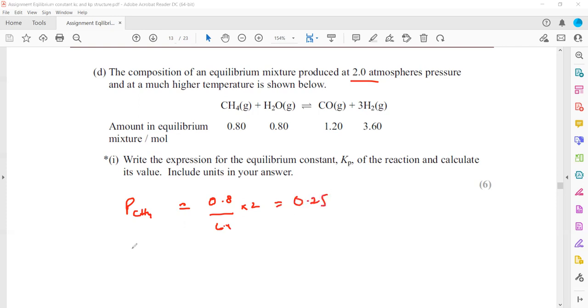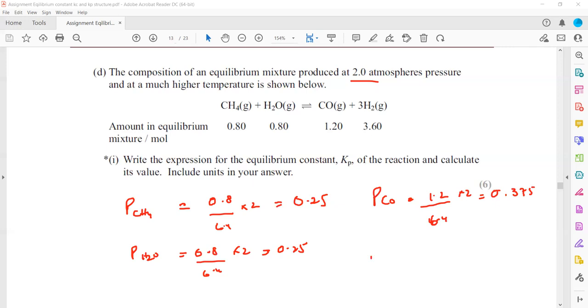In the same way, the pressure of water: the moles of water 0.8, total number of moles remains the same, multiplied by 2. So we'll also get 0.25. Then the pressure of carbon monoxide is 1.2 divided by 6.4 times total pressure 2, so 0.37.